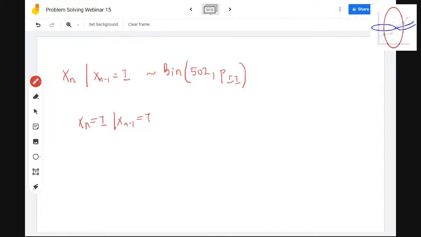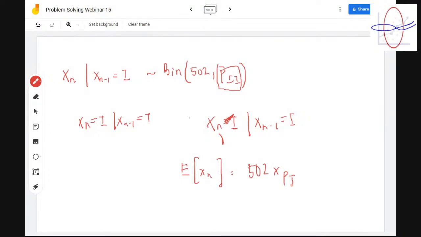Okay, good. So how can we predict this PII? The average number of cases where Xn is equal to I given Xn minus 1 is equal to I, the average number of cases expected, is 502 NP, right?